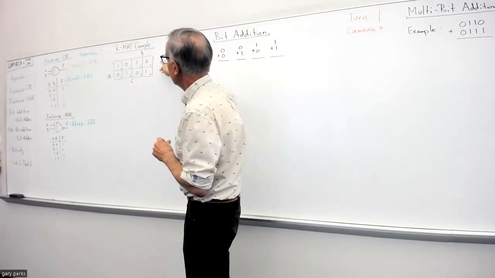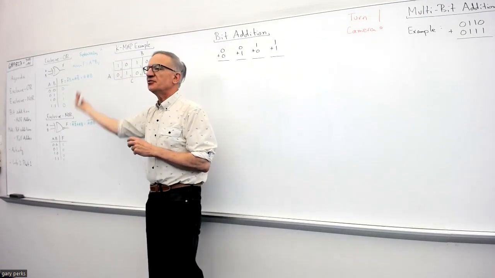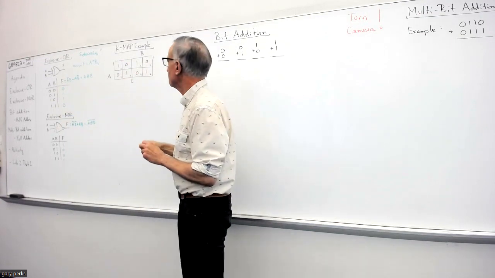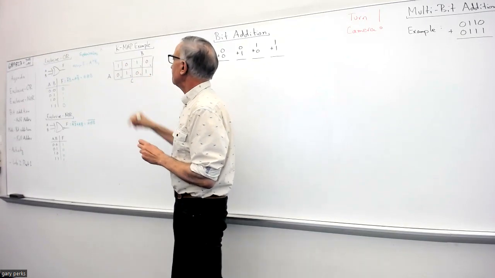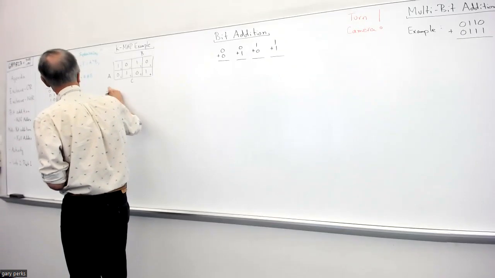The other thing we're going to do is go over the K-map example because it ties into this. You have to write an expression for F. So this is the one.